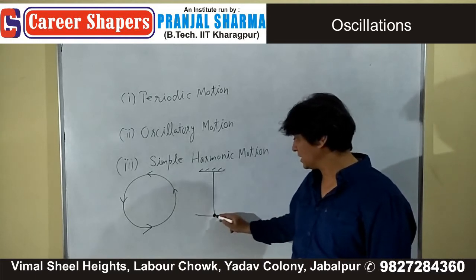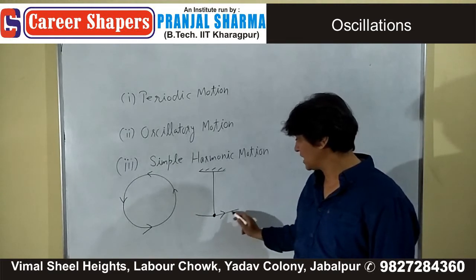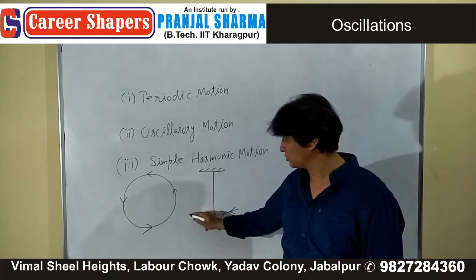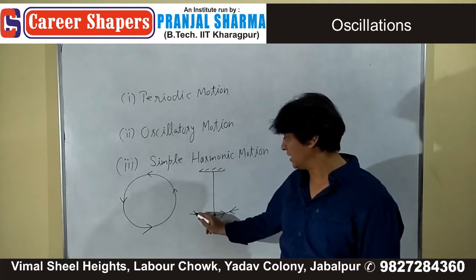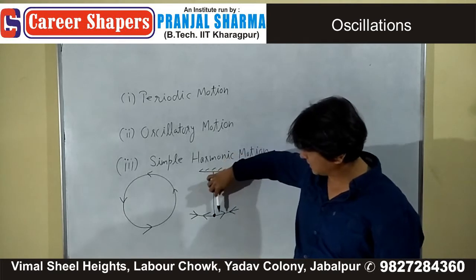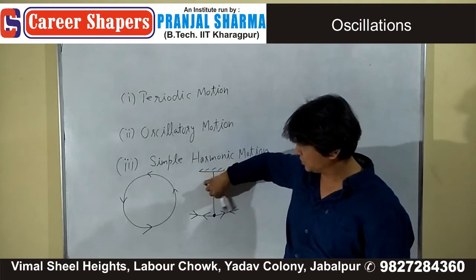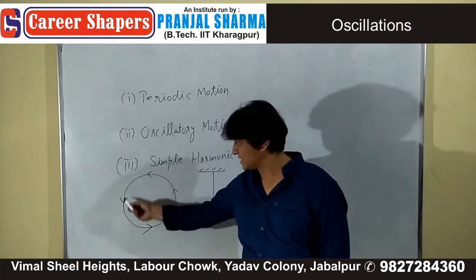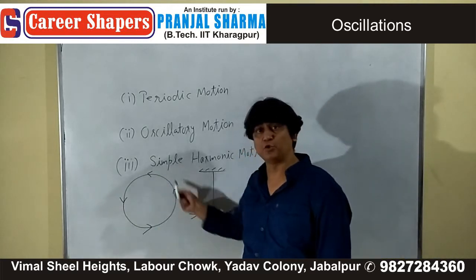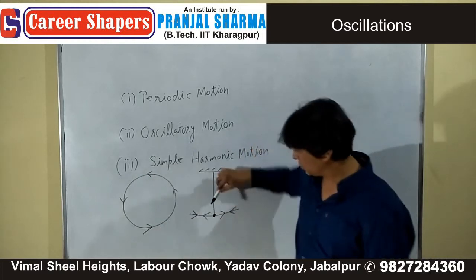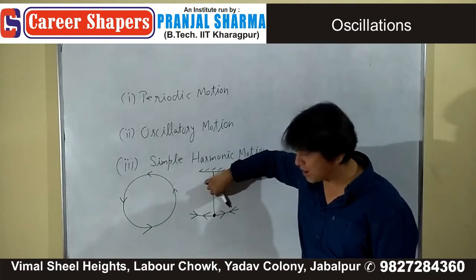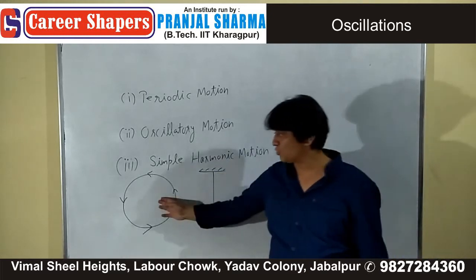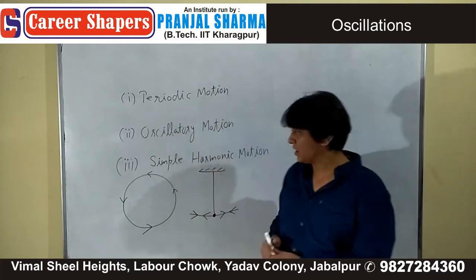You know that it moves in this direction, then comes back, goes to the negative side, and then comes back. It oscillates like this. Did you see I said oscillates? Now, you don't see any oscillatory motion in the circle. You can see a to and fro motion in this setup. They both are periodic.